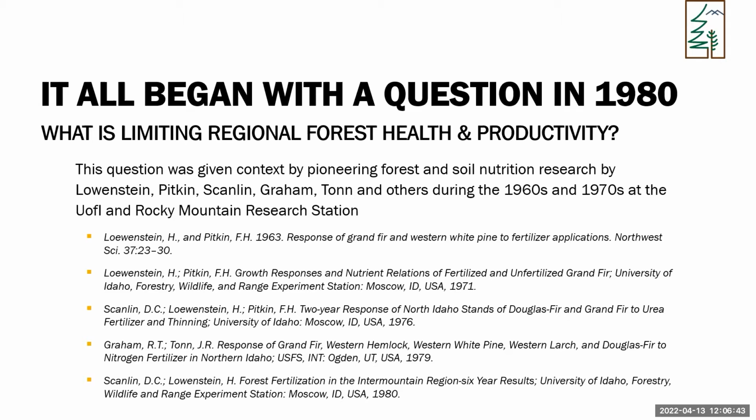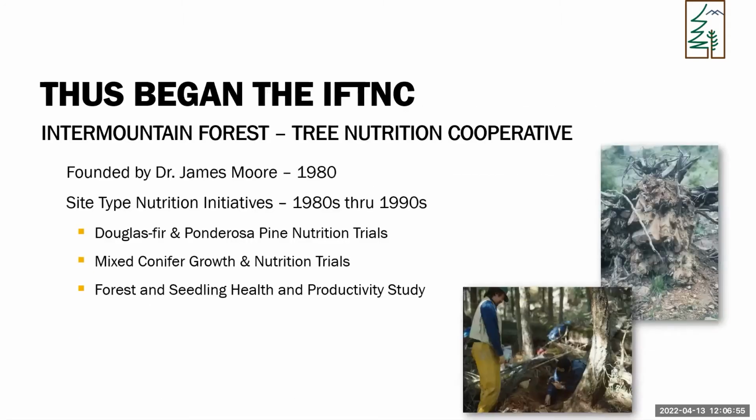And so in 1980, a group of private, state, and federal partners joined together to form this research co-op to start to understand what is limiting our regional forest growth. And that was the start of what we were termed back then, the Intermountain Forest Tree Nutrition Cooperative.